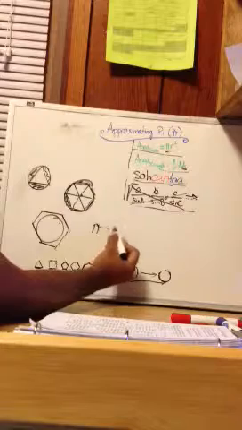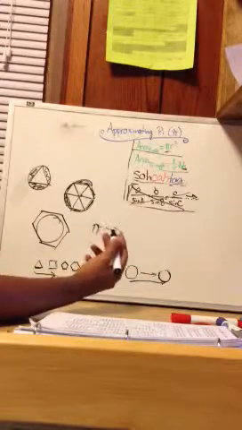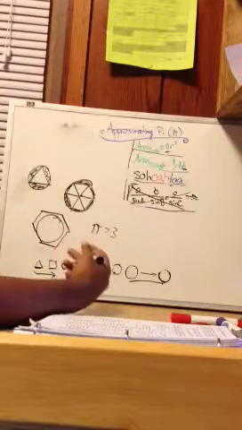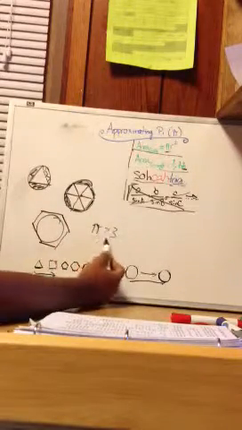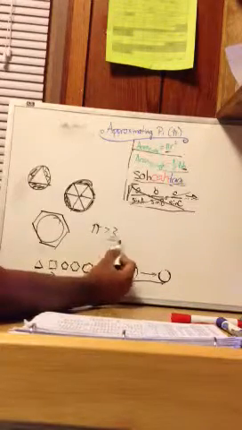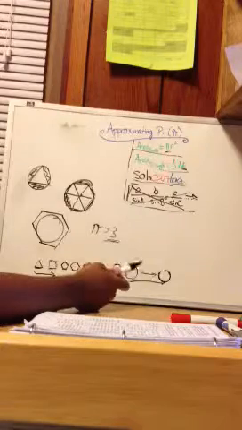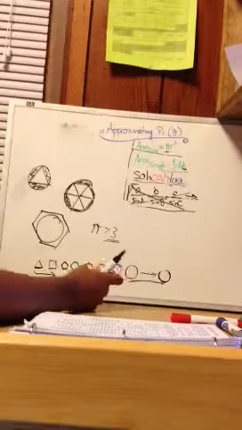Because pi is greater than 3. So it's good to constantly think about what you're actually doing and check your answers at the end, because it does make a big difference. If I left it as 3, my data and my conclusions would be extremely off.